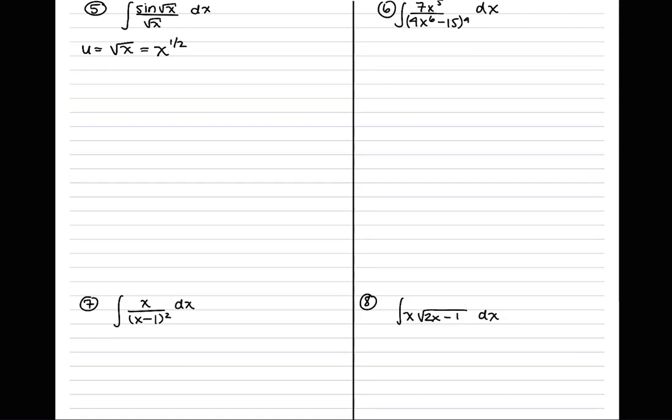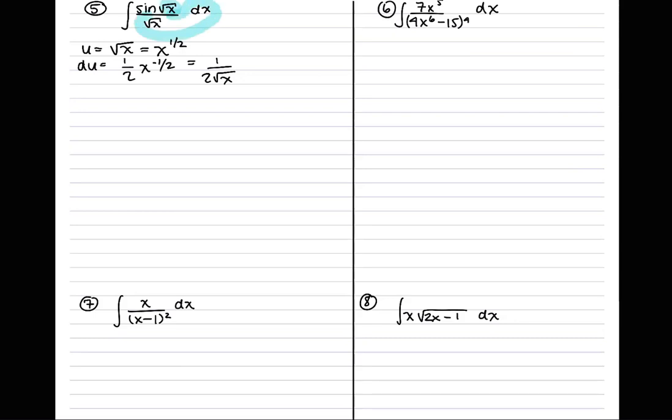When we take the derivative, we get du is 1/2 x to the subtract 1. 1/2 minus 1 is -1/2. So if I rewrote this as a radical expression, I would have 1 over 2 root x. Oh, and let's check it. Here is our u.